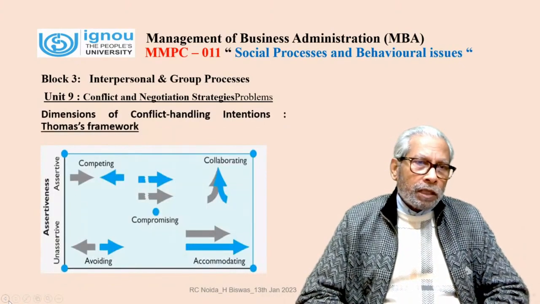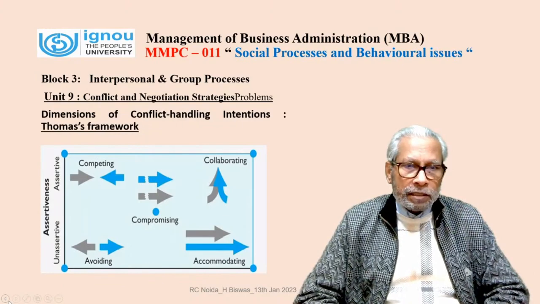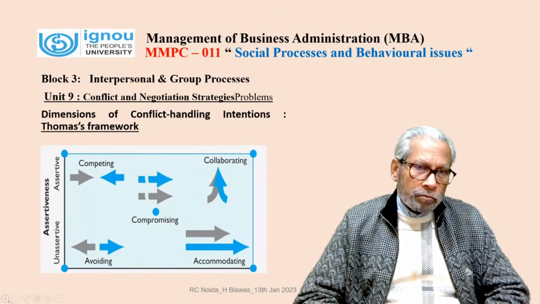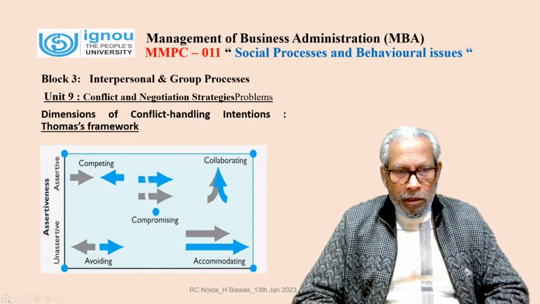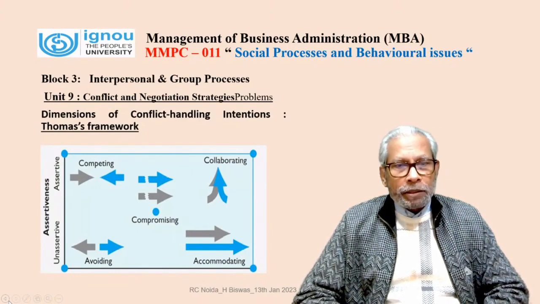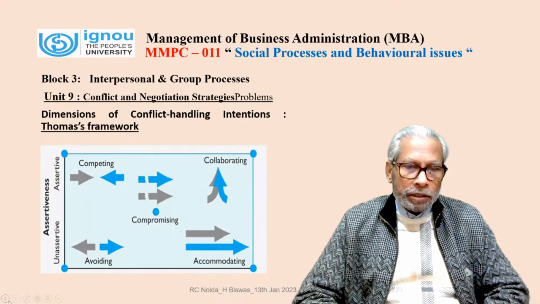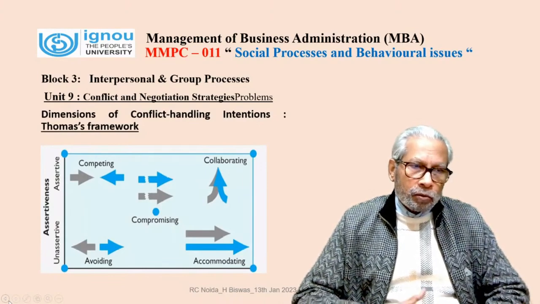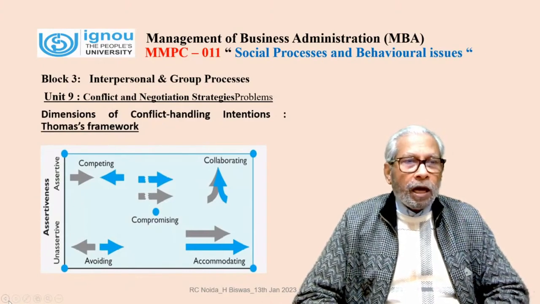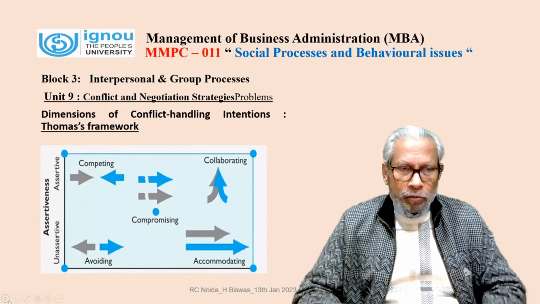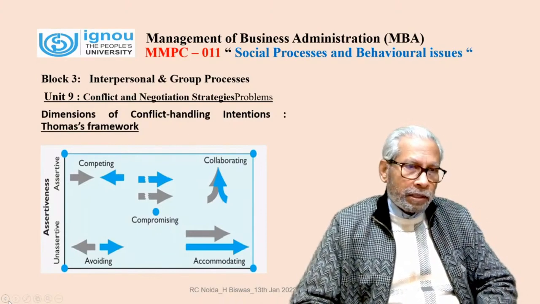Now, the dimensions of conflict handling intentions, the Thomas framework, are there. That is competing, then collaborating, then compromising, accommodating, and avoiding. So this is a framework for how to handle conflict. First you have to see the competing.